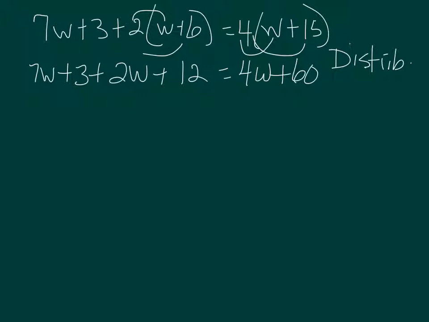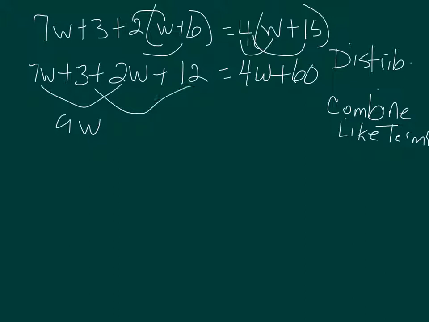Okay, first thing to do, let's combine like terms where we can. So I have 9w plus 15 equals 4w plus 60.